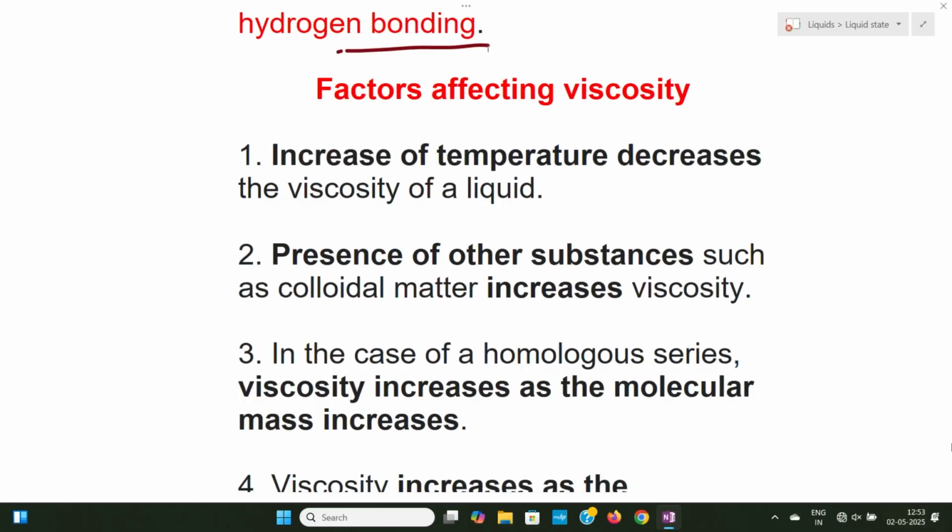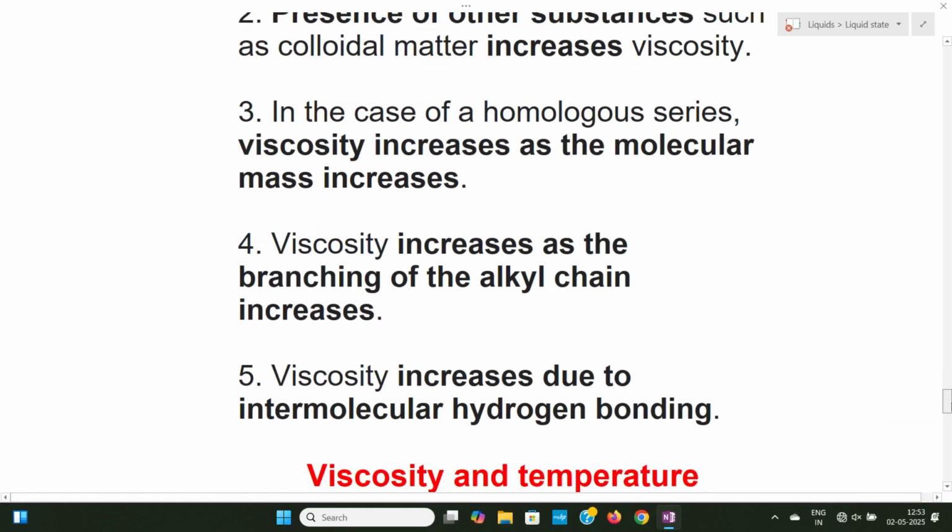Third, in a homologous series, as the molecular size or molecular mass increases, the viscosity increases. Fourth, if the alkyl chain has more branches, the liquid has more viscosity. Last, if the liquid has intermolecular hydrogen bonding, the viscosity increases. These are the five factors which affect the viscosity.